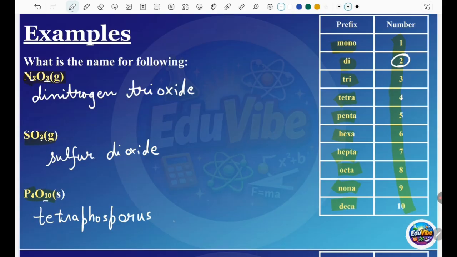And this is 10, so this means deca. We won't drop the a here because it's followed by oxide, so it's decaoxide. So it's tetraphosphorus decaoxide. That's how we name this. That's how naming can happen.